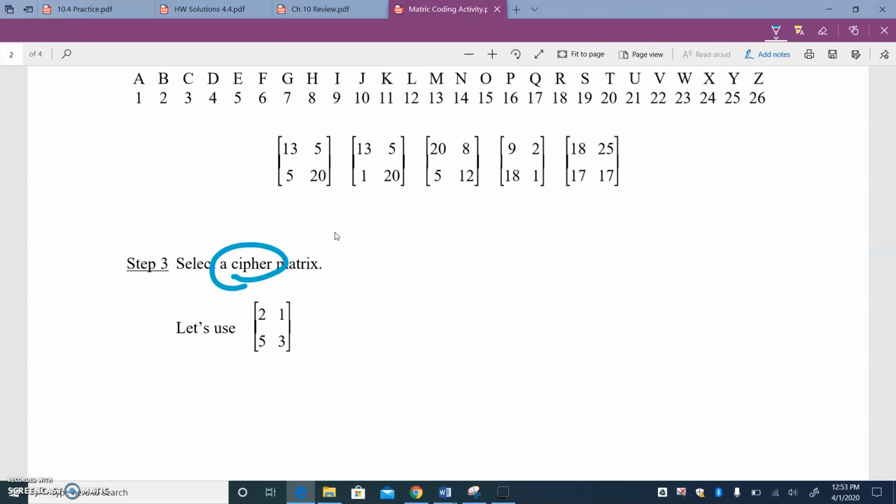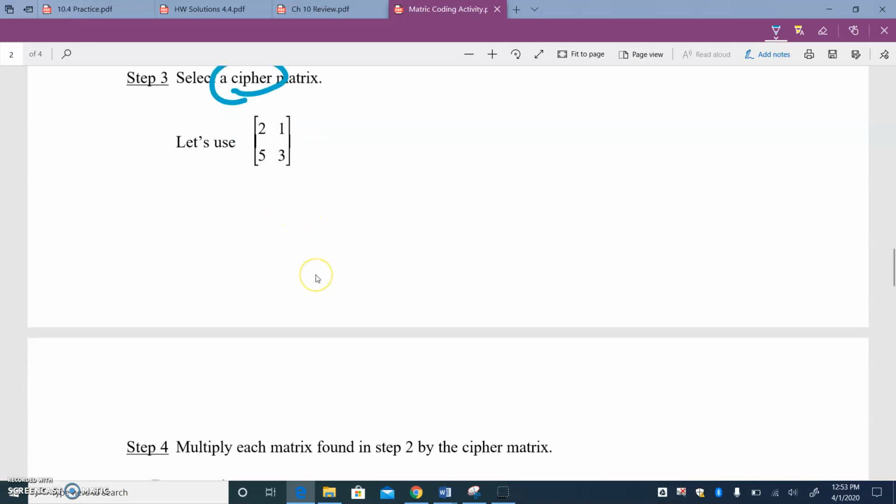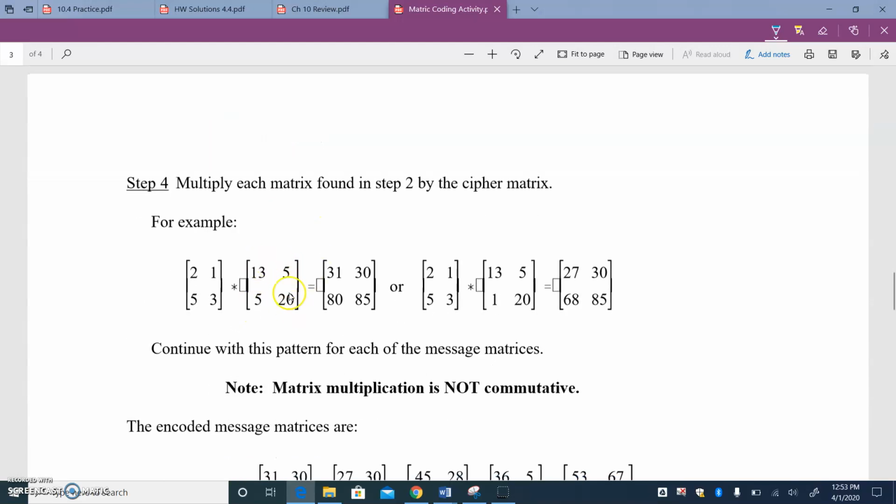So taking this cipher matrix 2, 1, 5, 3, I'm going to now take my first 2 by 2 matrix. This is the original coded message. I'm going to multiply it on the left side by my cipher. And this here would be the coded message that I then send out to hopefully get received by my colleague.